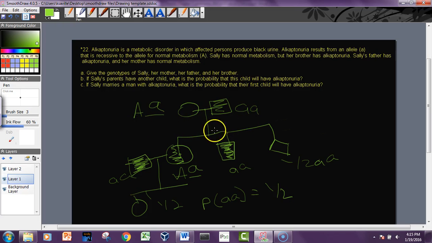The only genetic concept that's coming in here is dominance and recessiveness, segregation of alleles, that if you're big A, little a, you got a 50-50 chance of giving either of the alleles to your offspring. Get used to some of these diagrams. So I think that will do it.